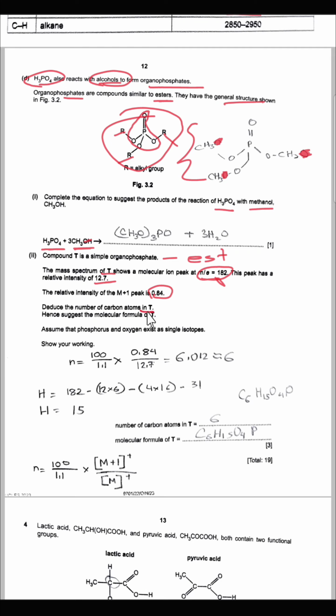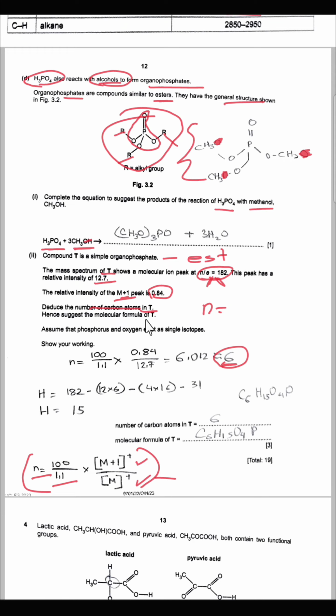Deduce the number of carbon atoms in T. To find the value of n, we use the formula n equals 100 by 1.1 into the M plus 1 peak by the M peak. Calculating, we find our answer as 6.012, or approximately 6. So there are 6 carbon atoms.